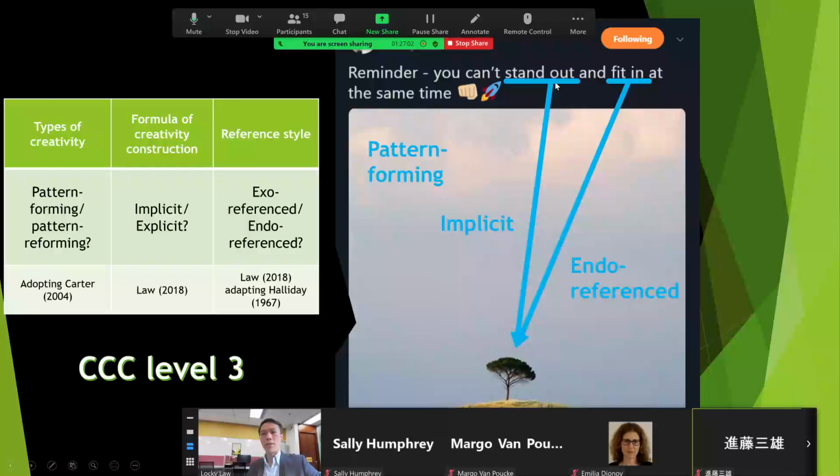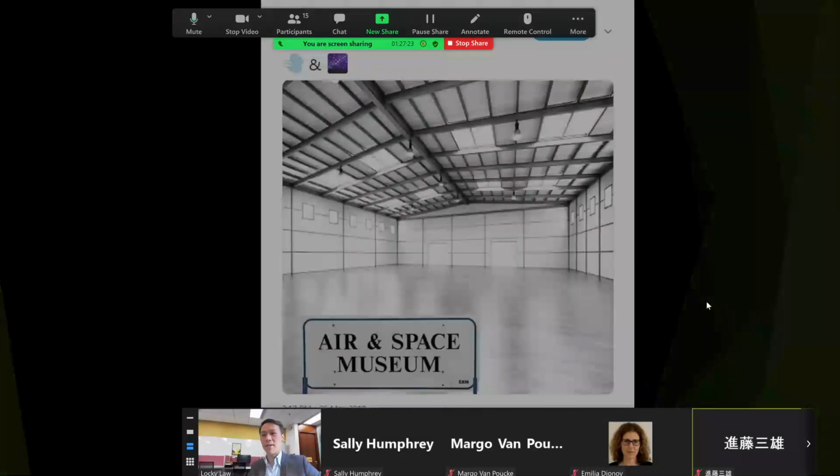They form a pattern because the text and the image pair together. But in order to understand this picture, we need to know how the connections are formed, right? And connections are formed implicitly because Chase Jarvis never told us, hey, "stand out and fit in" actually points to the tree, go take a look at that one. He never said that, therefore it's implicit.